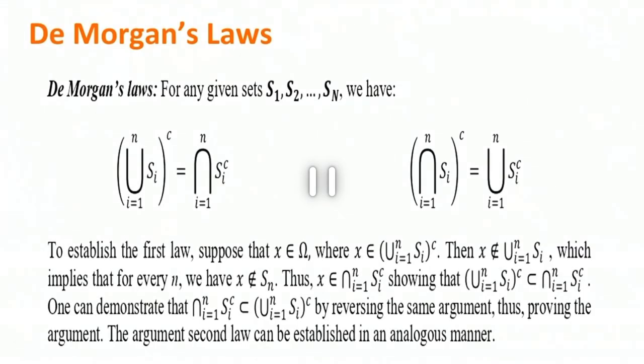This is the general De Morgan's theorem. This is the first De Morgan's theorem. This is the second De Morgan's theorem. I need you to pay attention. I know this is looking complicated, but I'll first start from two events.